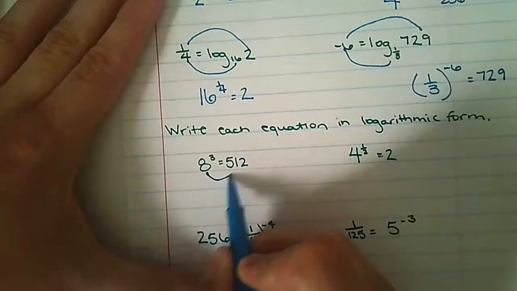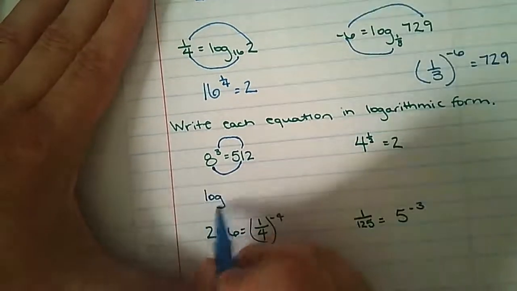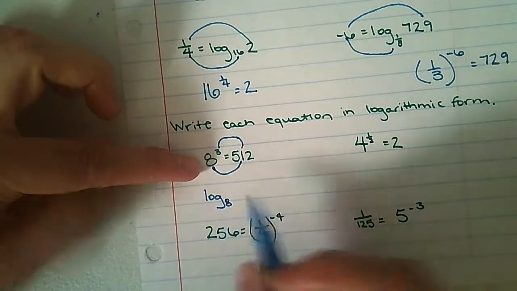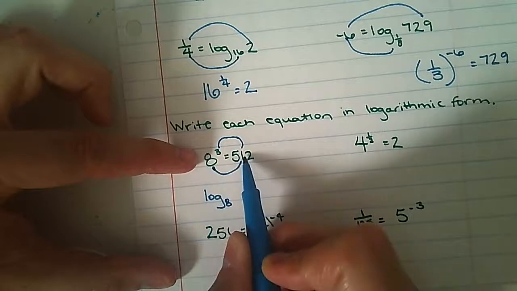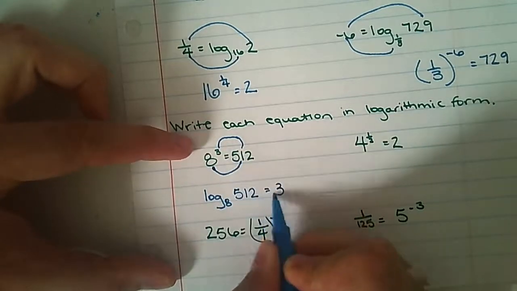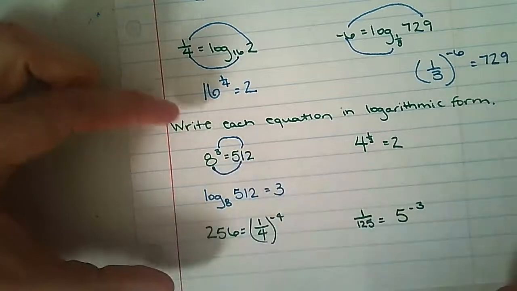So base, what it equals, what's left. And now when I write this, we started with our base. Remember, in log, the base is that little subscript number. And now we're just going to write it in the order that we see it. So log base 8 of 512 equals 3.